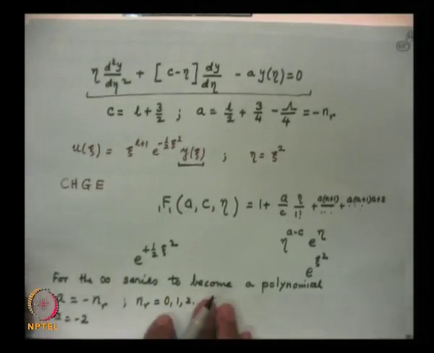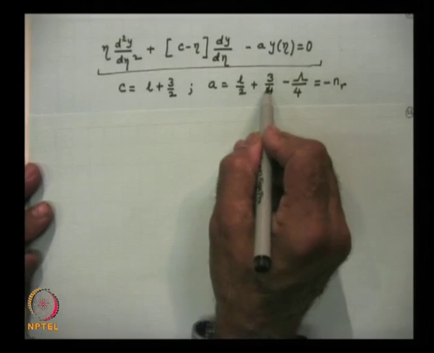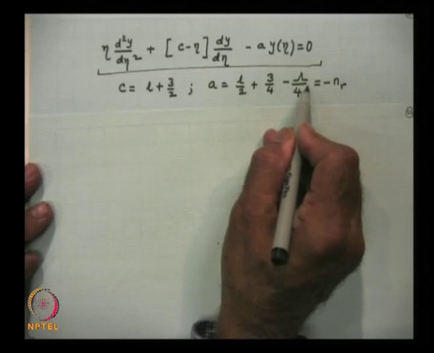So, I obtain that a must be a negative integer. So, L by 2 plus 3 by 4 minus lambda by 4.